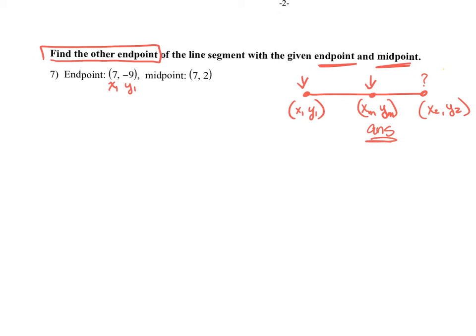So I'm going to name him x of the midpoint and y of the midpoint, the answer. And now I'm going to use the same formula I gave you, but the numbers need to go where they go. So we have x1 plus x2 over 2, comma, y1 plus y2 over 2 equals the midpoint.